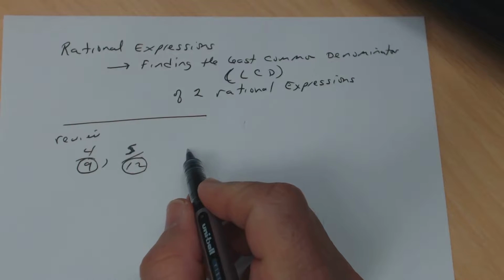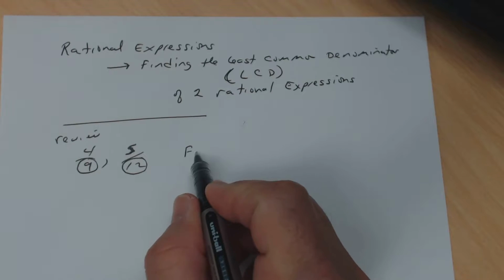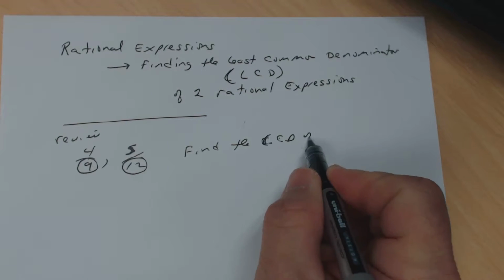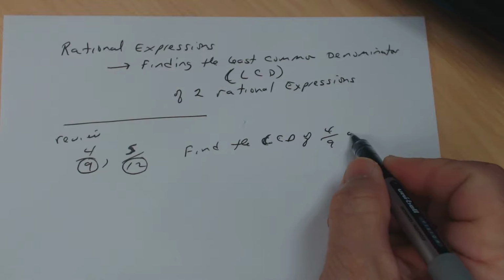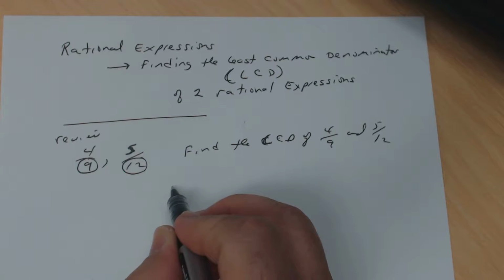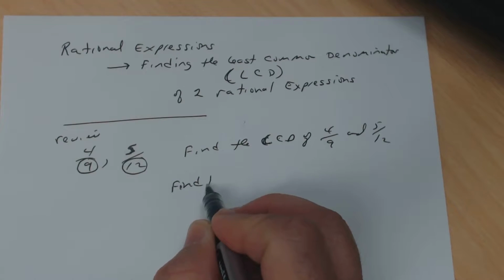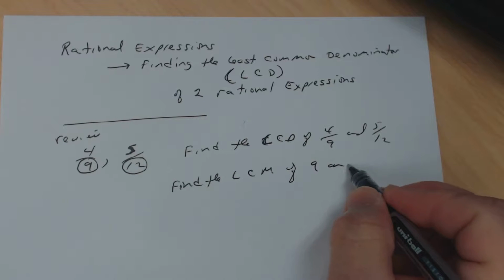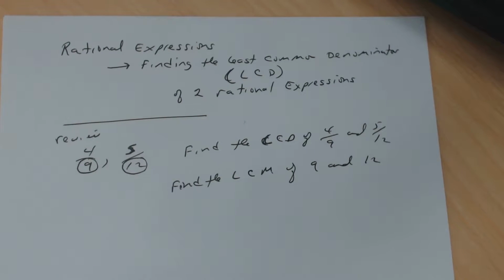So what we did was we found the least common denominator of 4/9 and 5/12, which basically was that you found the least common multiple of 9 and 12.